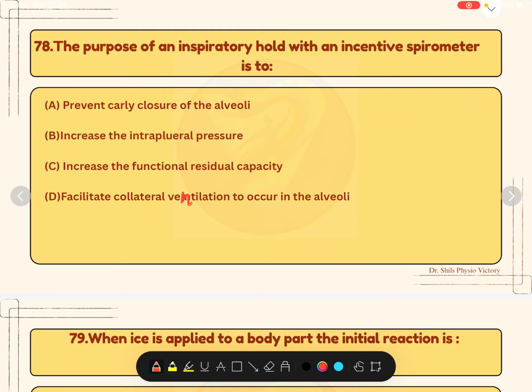Here, the correct answer is option D, facilitate collateral ventilation to occur in the alveoli.